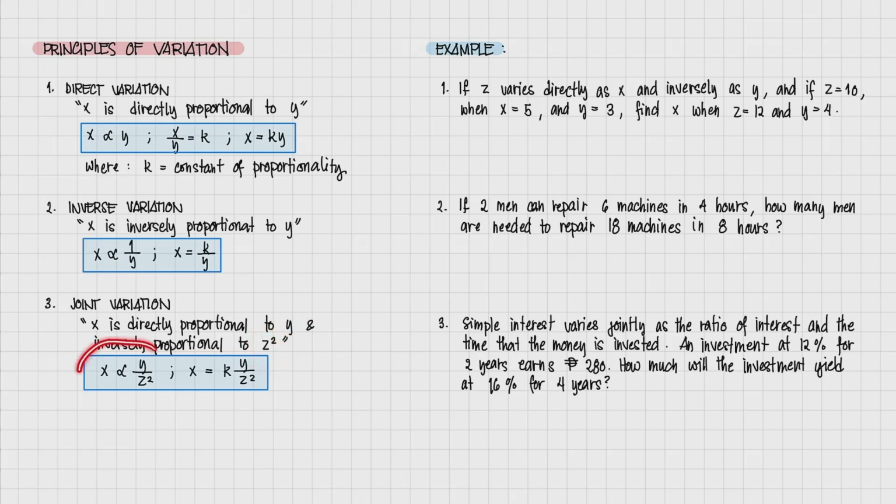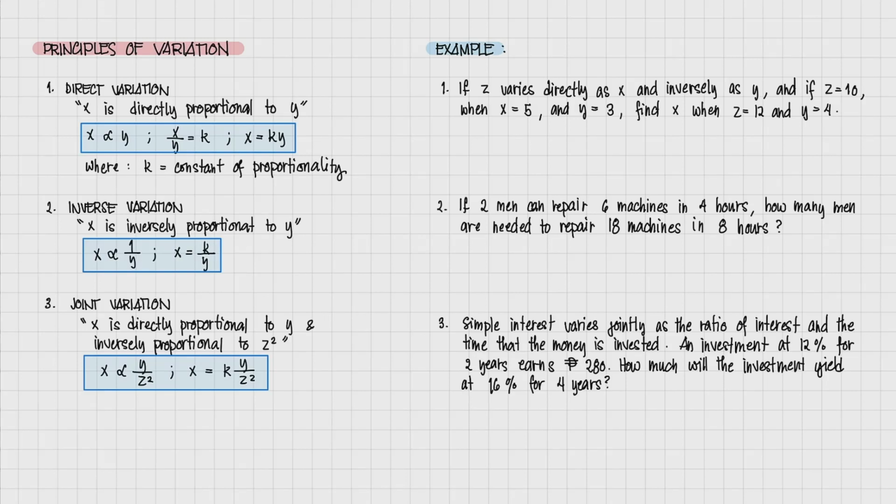So this is the same thing. So X natin is directly proportional to Y over Z squared, or X is equal to K times Y over Z squared. So let's try and solve some example problems.